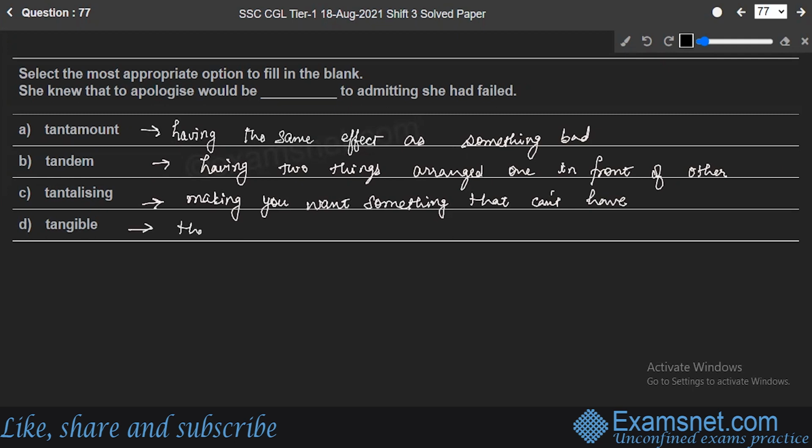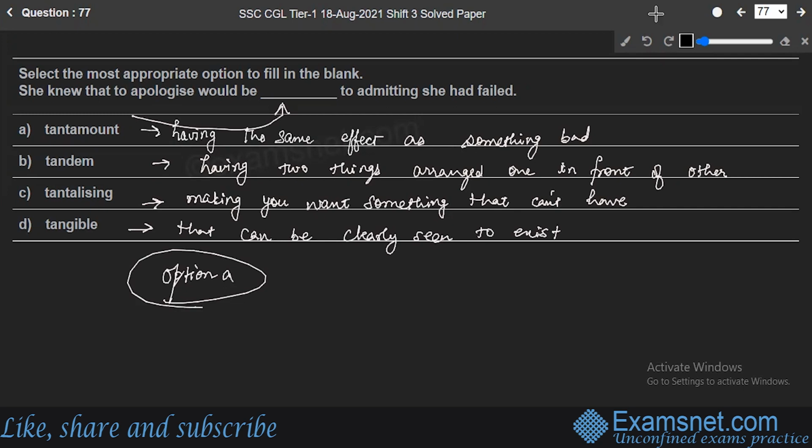Tangible means that can be clearly seen to exist, which is actually there, very clear. So the word which suits the blank: she knew that to apologize would be tantamount to admitting she had failed. Option A is the correct answer to the question.